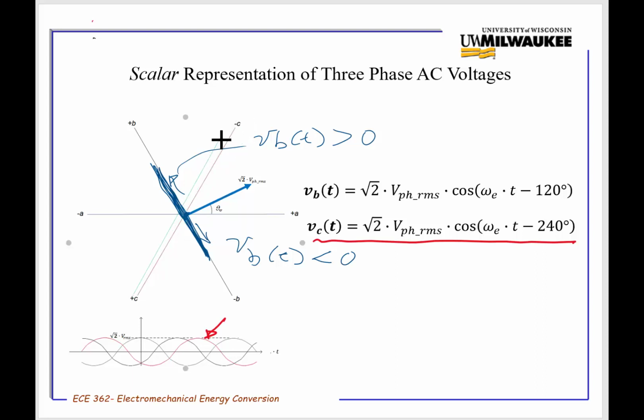This axis is 240 degrees away from our theta E equals 0 point. And on this axis, everything positive, this is your origin, is in this direction, and everything negative is in that direction.